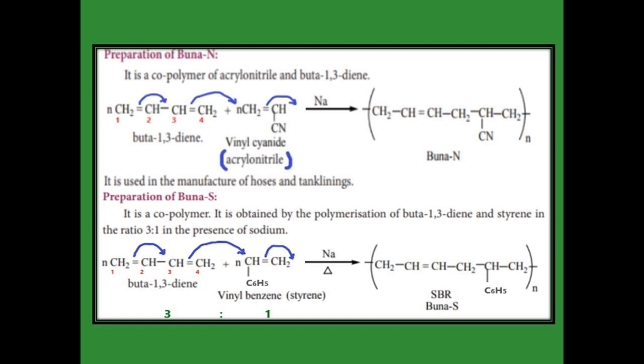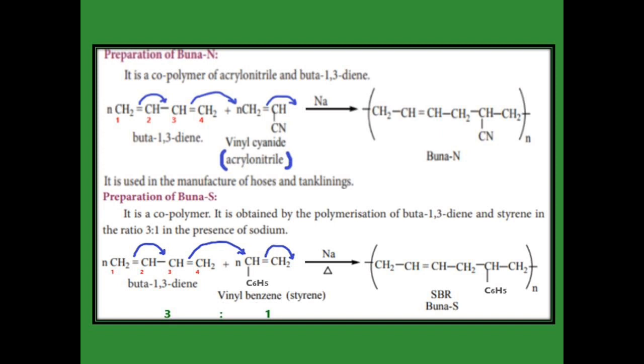Now see the reaction. Buta-1,3-diene contains a double bond between the first carbon and second carbon, and the third carbon and fourth carbon. The double bonds move to the second and third carbon, and the pi electron moves to another vinyl cyanide, so that we get a bond between the fourth carbon and the first carbon of the vinyl cyanide.